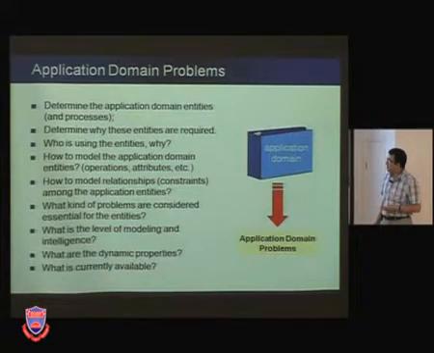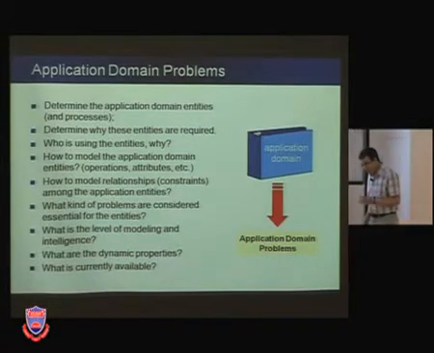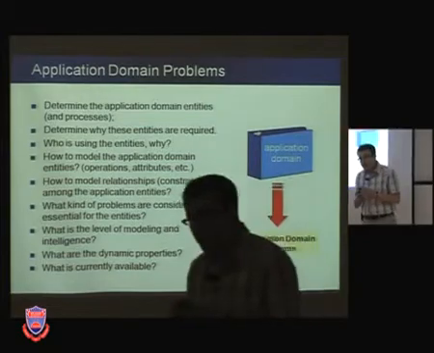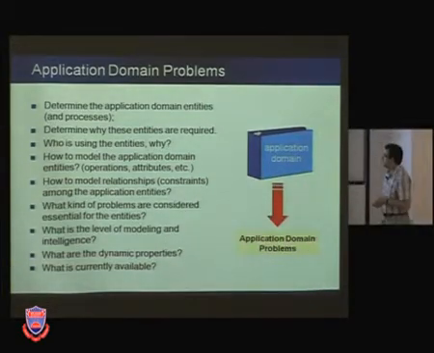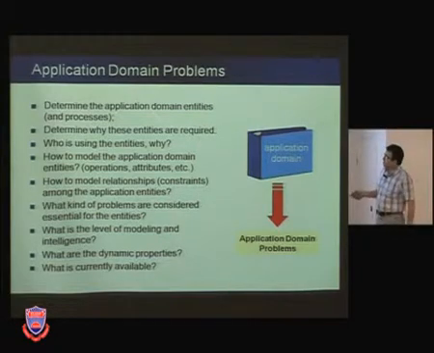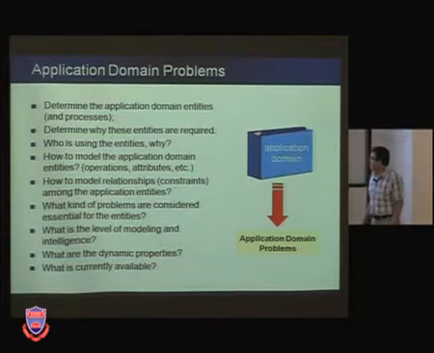What about domain? So we said to identify the domain problems, we have three kinds of domains: application, mathematical, computer science. Application domain: we ask these questions. We determine the application domain entities.